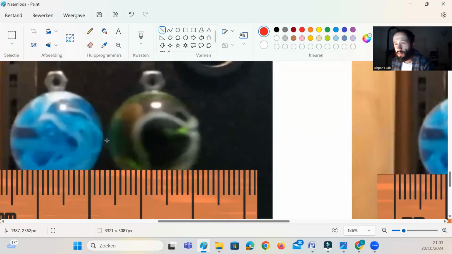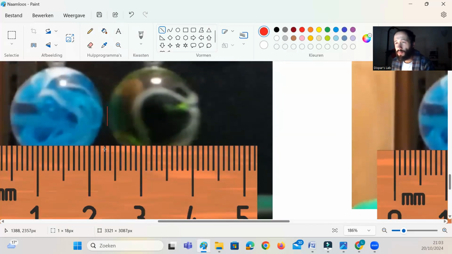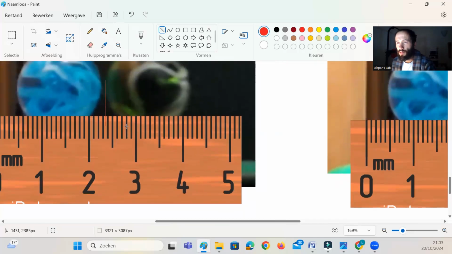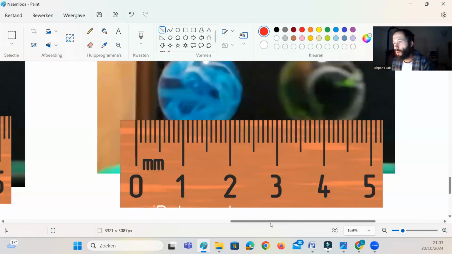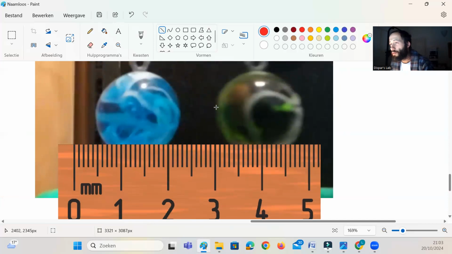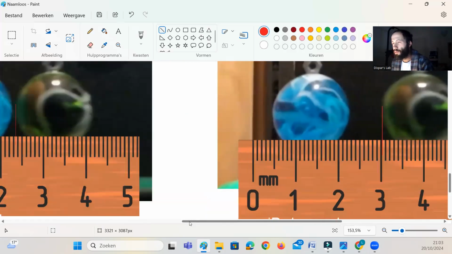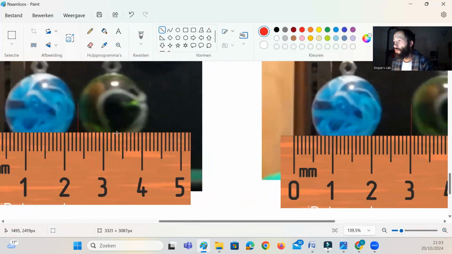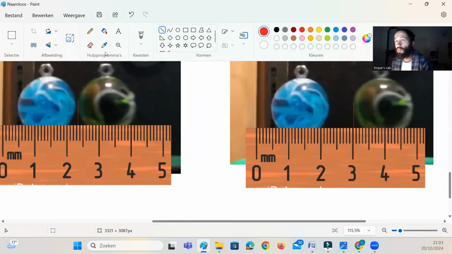Now, after collision, the other 1 mass ball starts at 2.35. And then 5 frames later, it is roughly at 3. So 2.35 to 3, that's also 0.65, right? 0.65 difference.